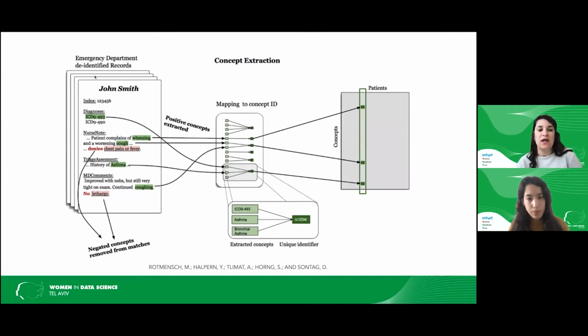Then we extract all the concepts and get structured data in a matrix, in which each vector represents a patient or a patient visit, with a vector of concepts that exist in this visit. For example, if we have cough in the visit, we will have a one highlighted in the vector, which tells us that this concept exists in the case.